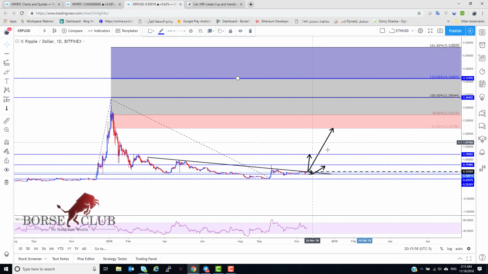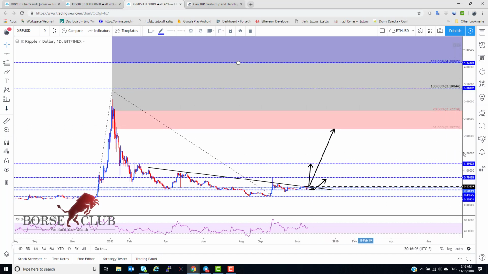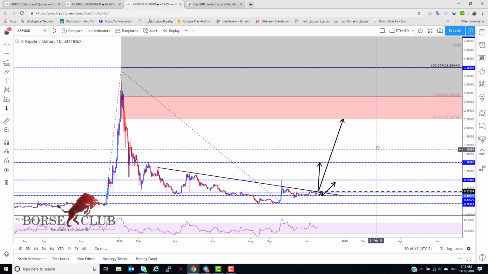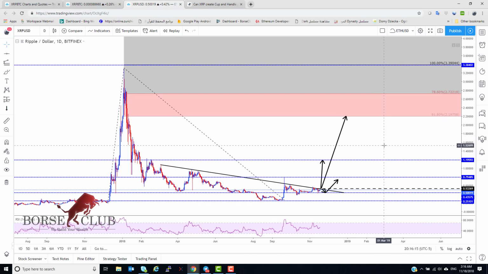We really suggest that you buy Ripple now. At 53 cents, it's good to buy. At 43 cents, it's very good to buy. Don't put a stop loss for this one because it will shoot higher, and once it starts moving in the rally, I don't think you will be able to buy because it will be so fast this time.